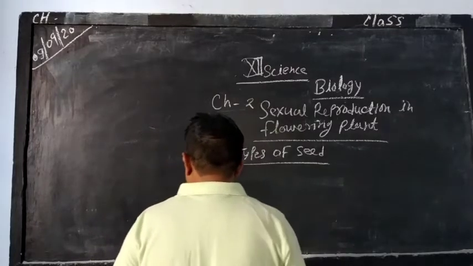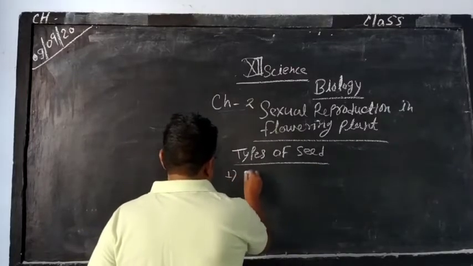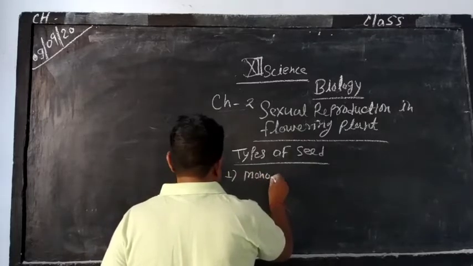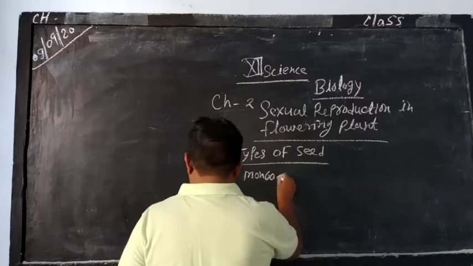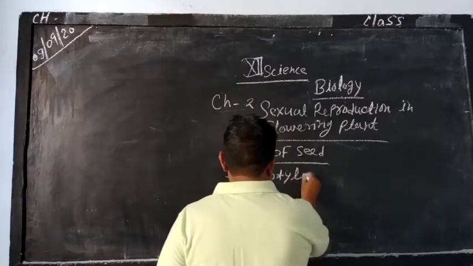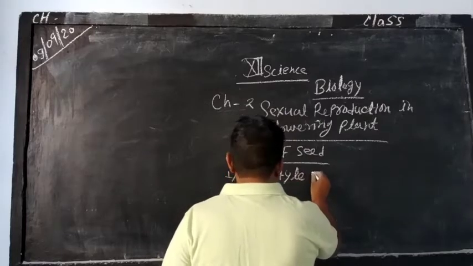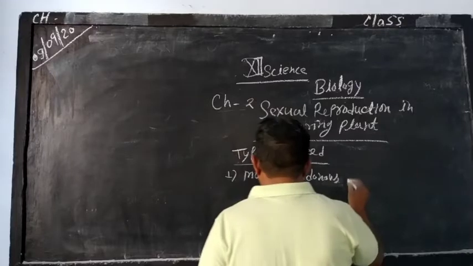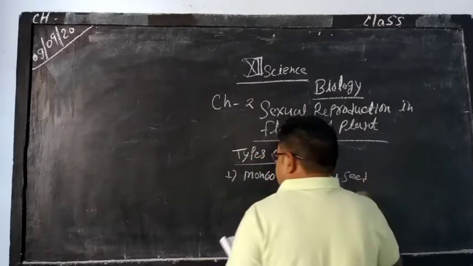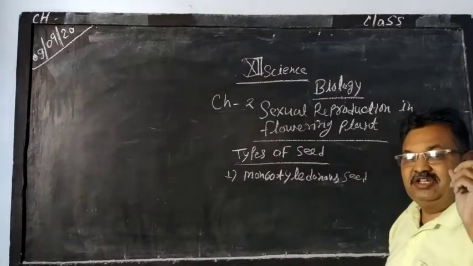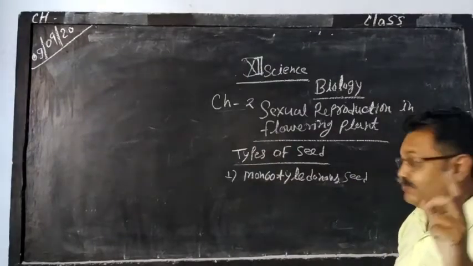Now, first thing is monocotyledonous seed. Such type of seed contains only one cotyledon.